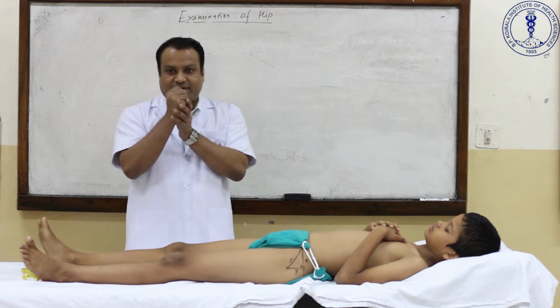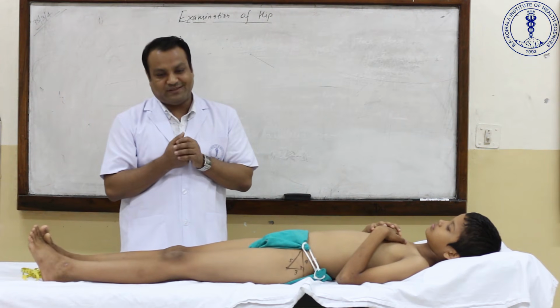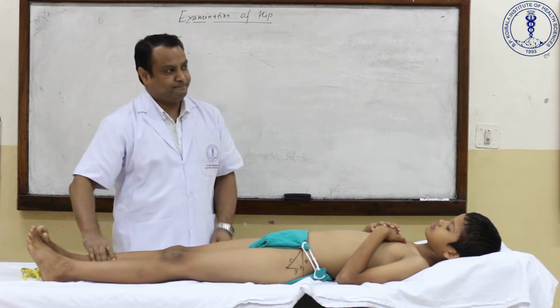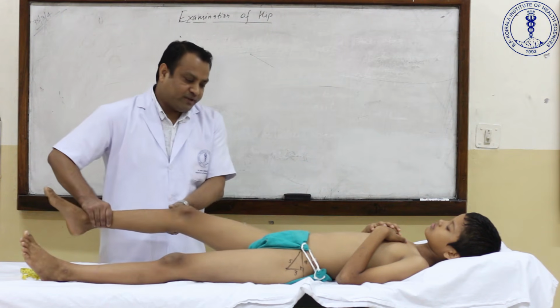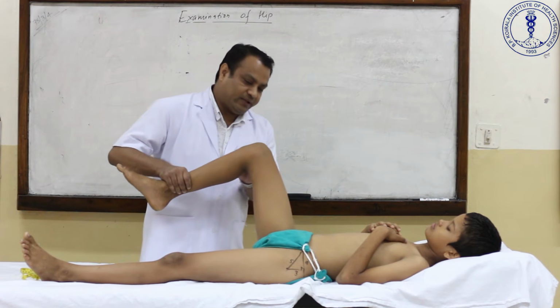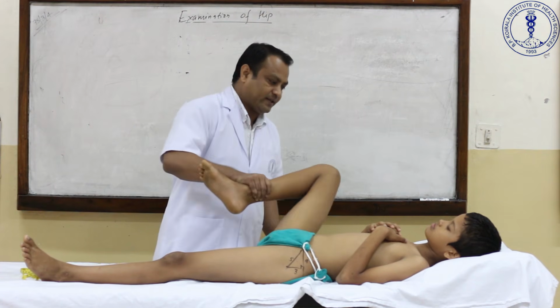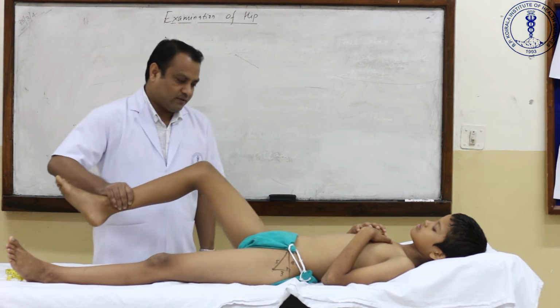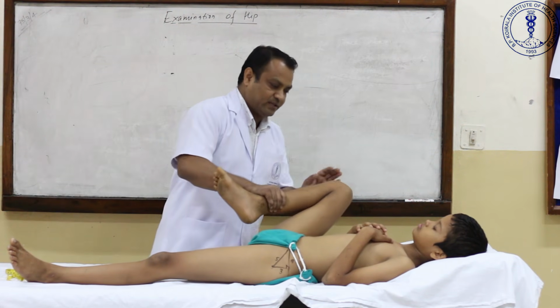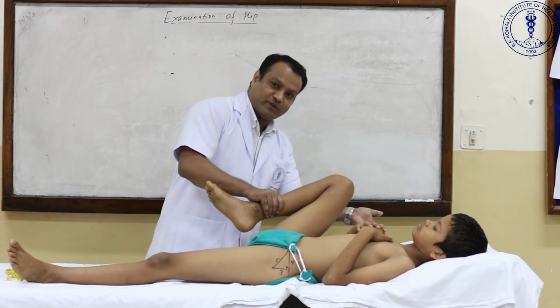When the sphericity of the head is not maintained, like in Perthes or a slipped upper femoral epiphysis, on doing gradual flexion, instead of the knee going towards the shoulder, it goes out like that. This is the axis deviation, because the knee is going away from the shoulder, not towards the shoulder.